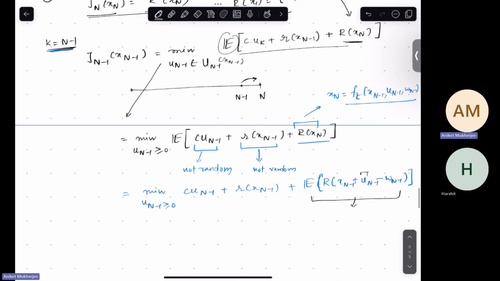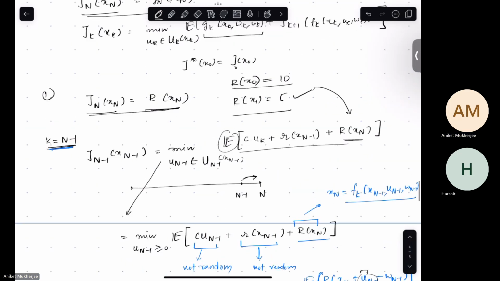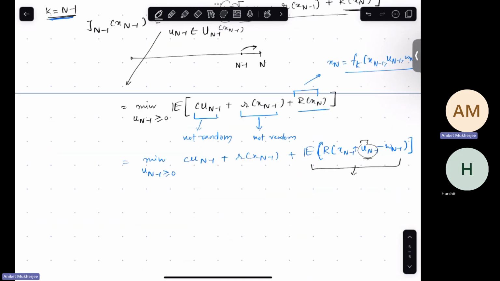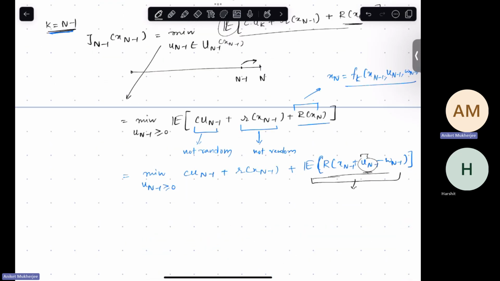So here, if r(x0) is 10, and you want to minimize this, you'll choose an action such that you don't end up at x0. You'll choose an action such that you end up at x1. Minimizing this expectation is doing that. Okay, and now you'll see that this r(x_{n-1}) doesn't depend on u_{n-1}.